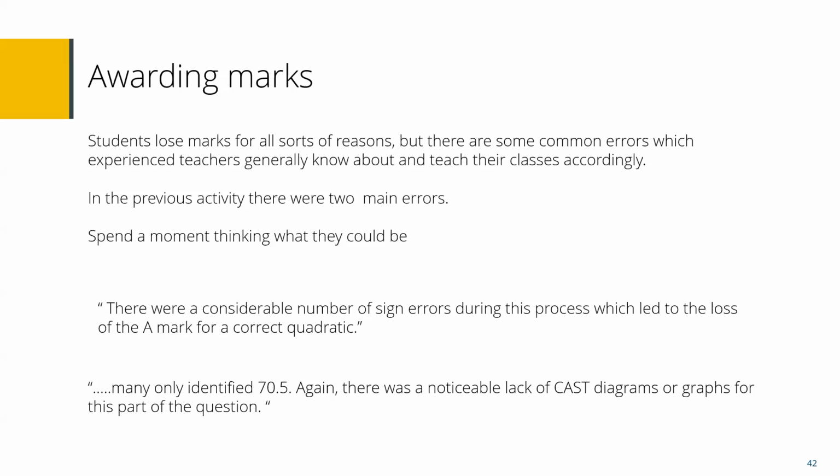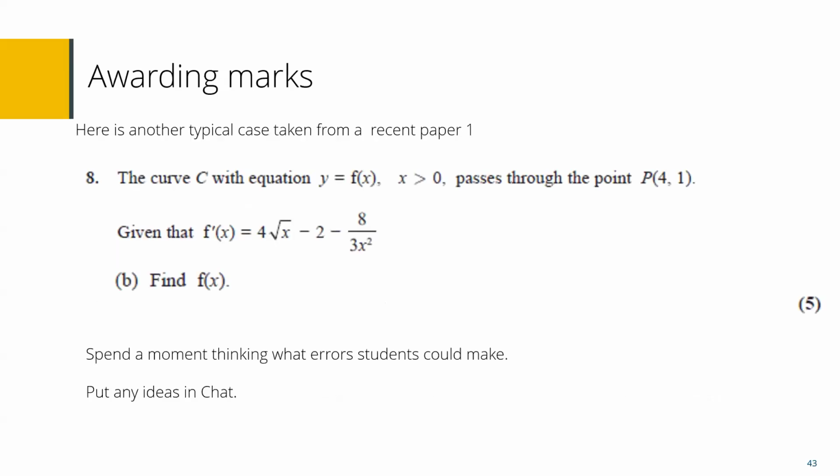So the graph or the CAST diagram isn't a necessity. However, it guides them through making sure that they don't miss any answers, because some of them will use a CAST diagram and they can see that on there. But it's important to read those notes from examiners and then reflect in our own practice when we come to prepare them.